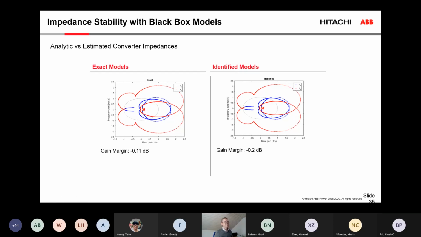From that, I estimate the impedance, and from the impedance I estimate a state space model. Ideally we should get the same results regardless of whether I use exact models or identified models. And you can show here the generalized Nyquist curves for this unstable case, and we can very closely match the stability results with the exact models and identified models.